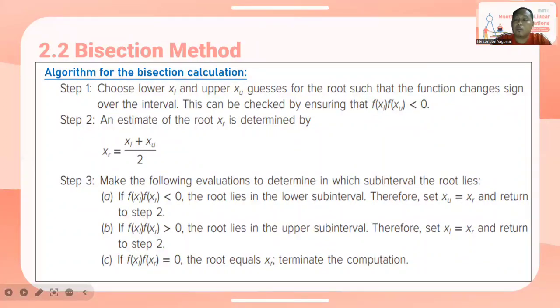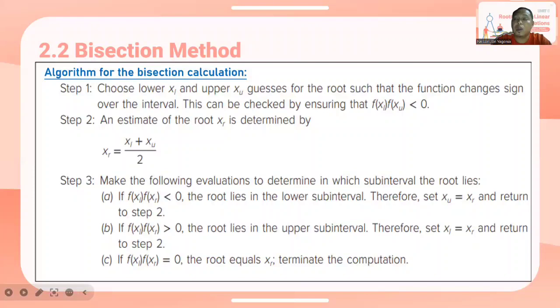The next step is that an estimate of the root x sub r is determined by x sub r equals x sub L plus x sub U over 2.